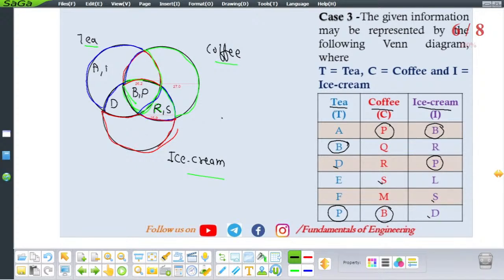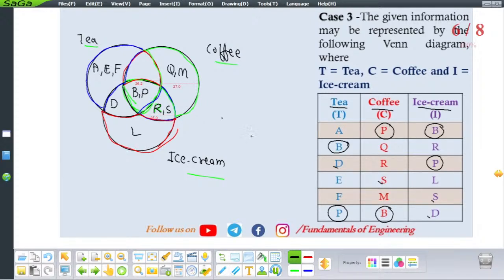And among these you can see only L likes only ice cream, not the other two. A, E, F like to drink only tea, not coffee, not ice cream. Q and M like only coffee, not ice cream, not tea. And L likes only ice cream, not tea, not coffee.